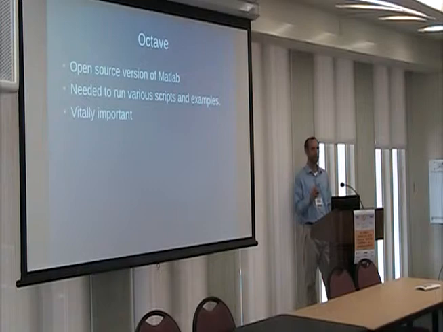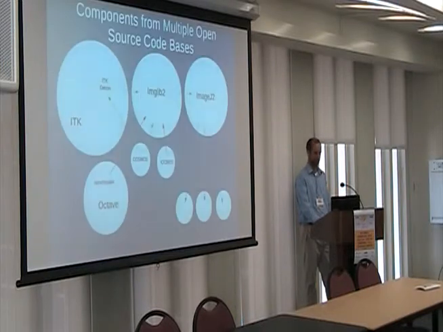So Octave is an effort for an open source version of Matlab. And it's a really useful project. If you need to look at some Matlab code and just run it to verify it, or to test somebody else's results, it's really useful to be able to use Octave, so you don't have to buy the Matlab license.